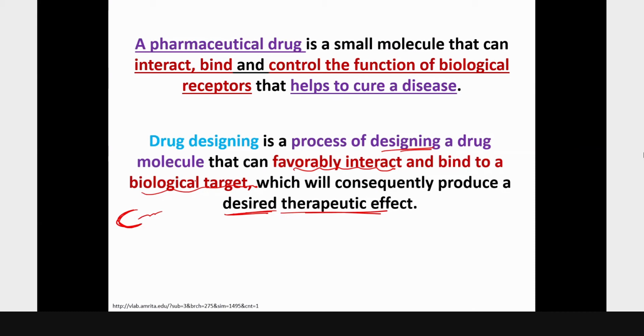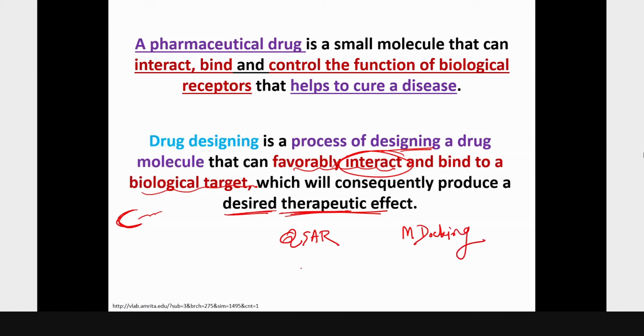This is what you are always coming up with for all the different types of diseases. These drugs are creating a therapeutic effect, meaning a healing effect. Here one thing is important to understand. Now we are talking about interaction. If you compare two methods, earlier we had QSAR, now we have the molecular docking method.